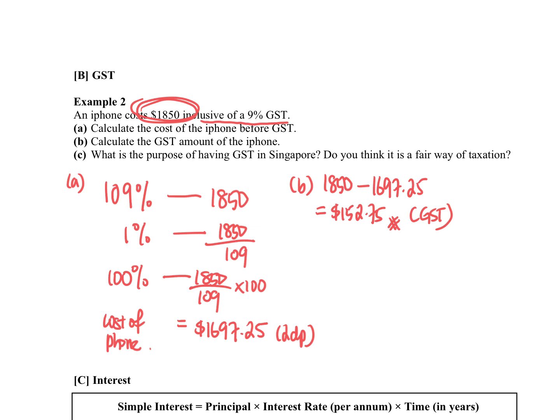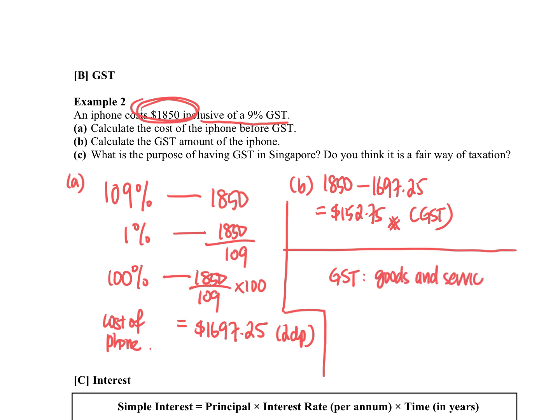Okay, lastly, what's the purpose? Oh, okay. So this is what I've told you. GST actually stands for goods and services tax. Why do they need to do that? It's because it actually costs money for others to bring in the goods.